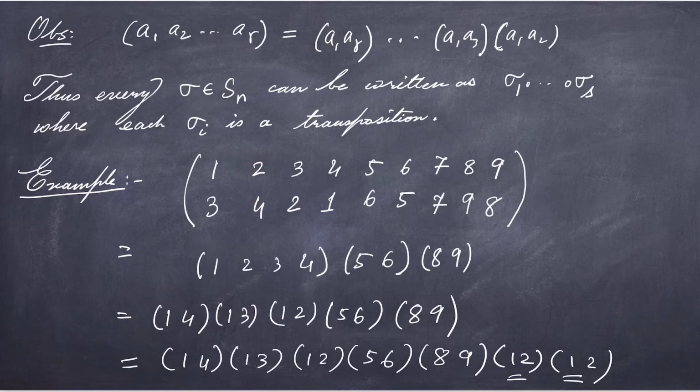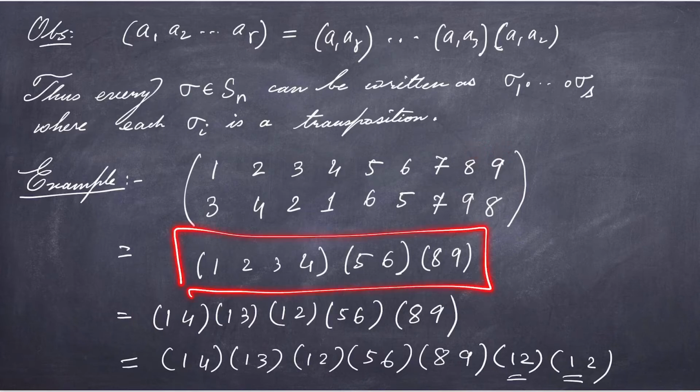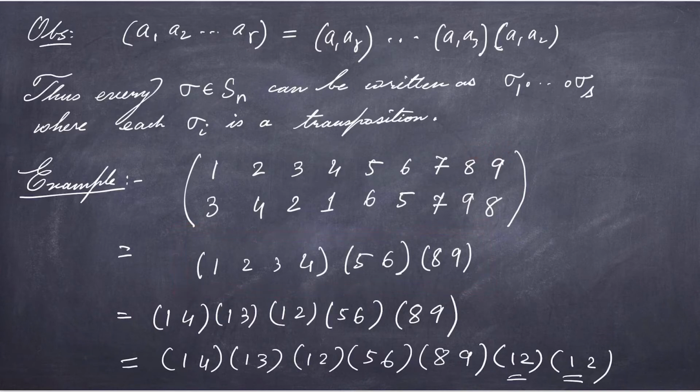Then beyond 1, 2, 3, 4 we pick up 5. 5 goes to 6 and 6 goes back to 5, and then we have 7. 7 is a one cycle because it's a fixed point, so we simply omit 7 as we have already agreed. Now we look at 8 and 9. Thus this is the cycle decomposition of this permutation.